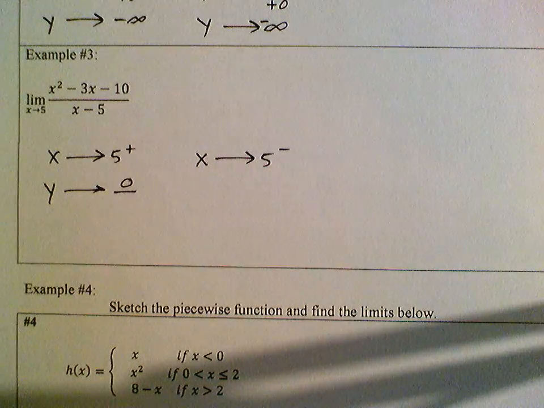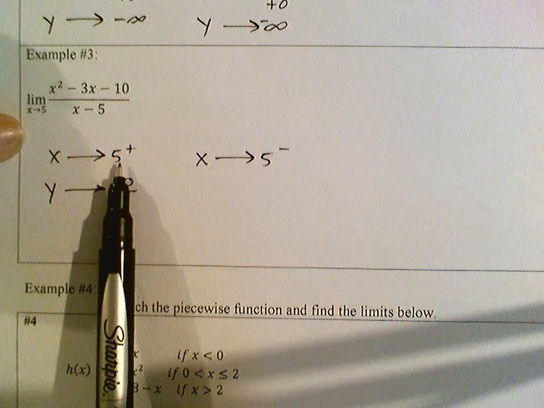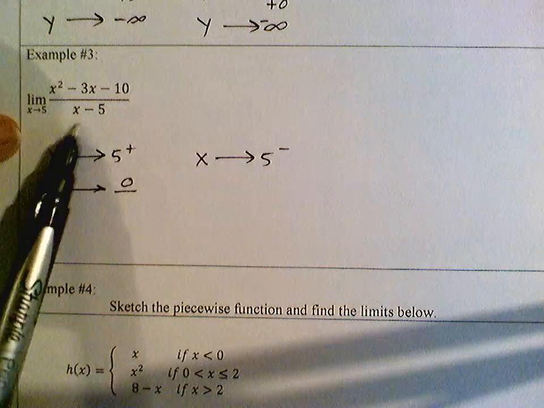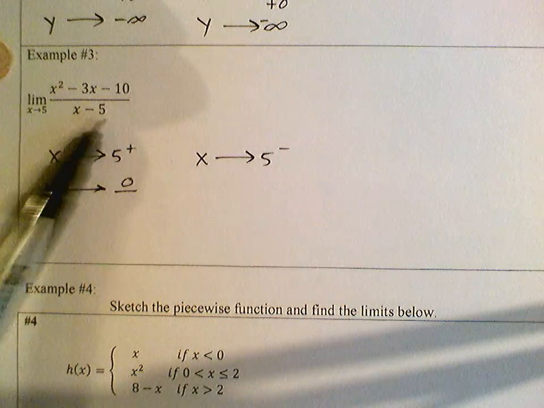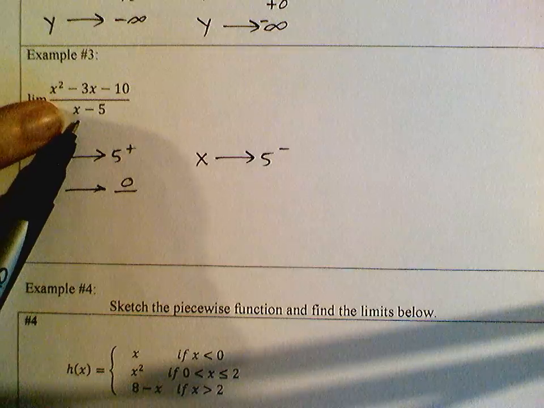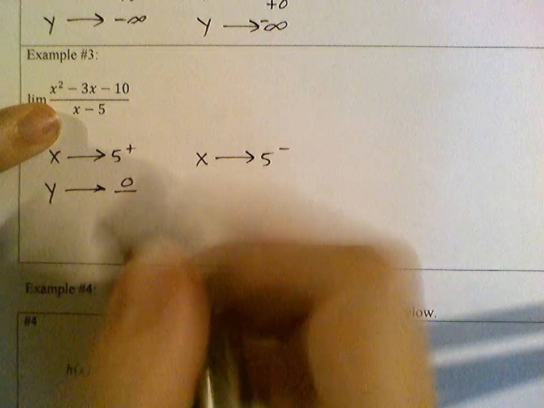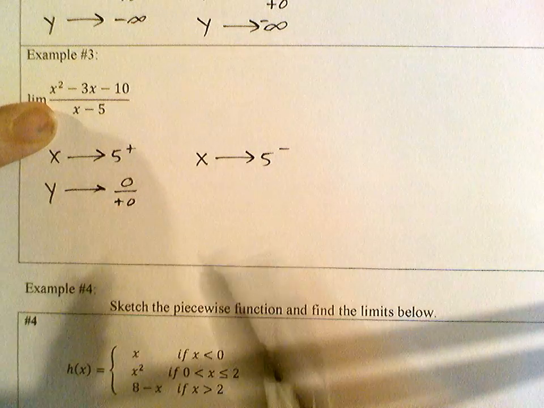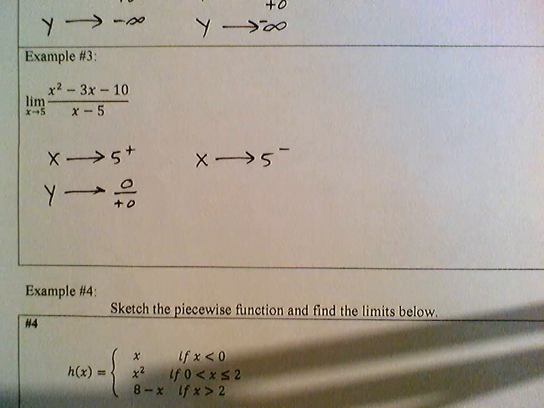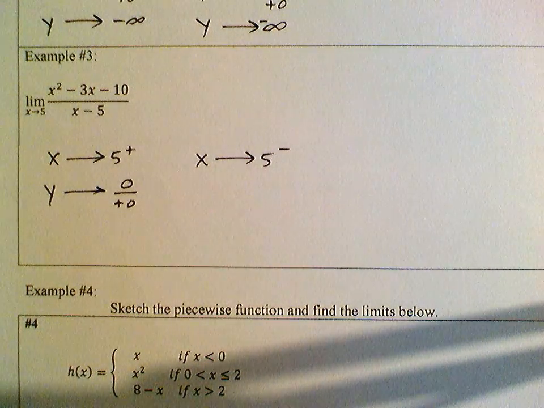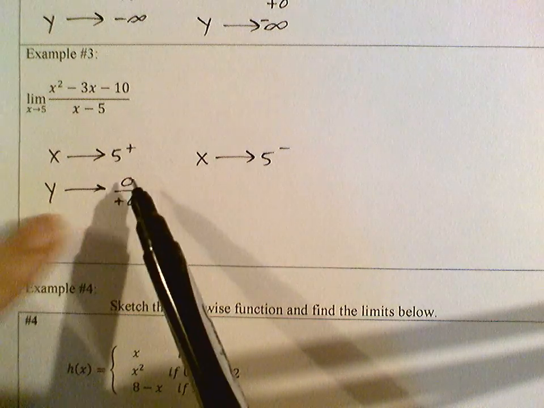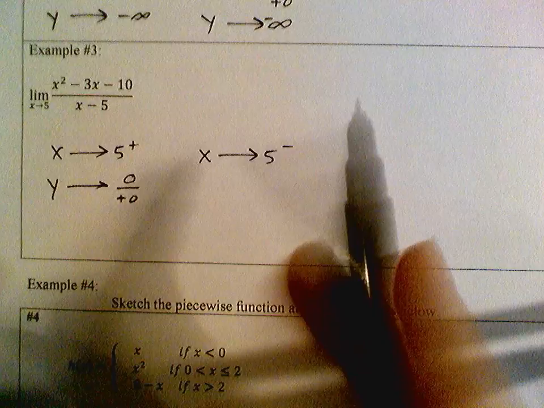Now in the denominator, I imagine plugging in 5.00001 minus 5. That is a number very close to 0, but it's positive. It wasn't clear to me whether the numerator was positive or negative, so I didn't write plus or minus next to it. And guys, what we have here is 0 over 0.